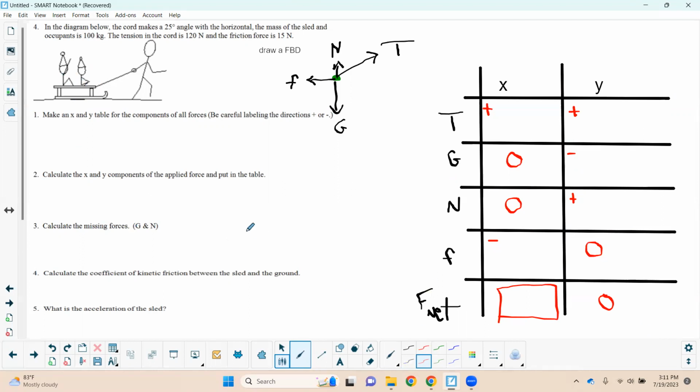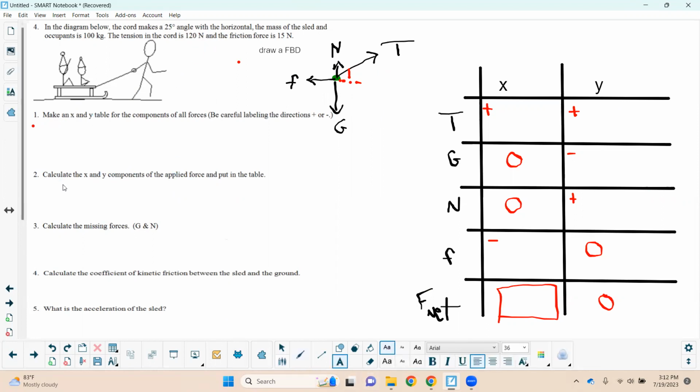Okay, so we're done with drawing our free body diagram and making our X and Y table with the positives and negatives and zeros. Now we're going to try to fill in the two-dimensional one. This is the tension at the angle theta going across here, so it's going to be 120 at the angle of 25. So let me type that out.